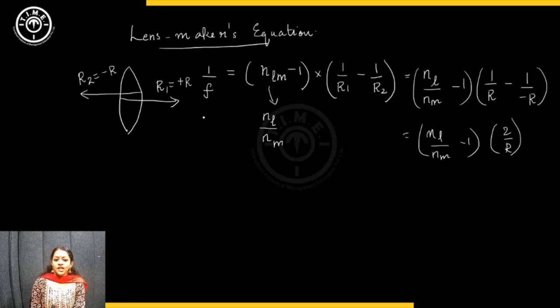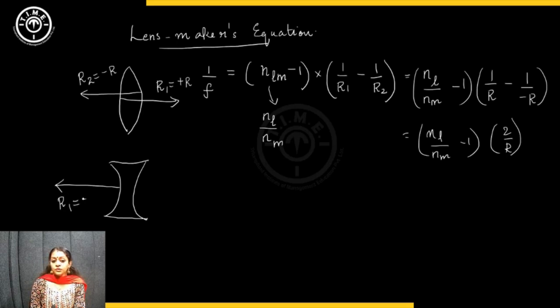Now, let us consider the case of a concave lens. Let us consider a double concave lens, and let us consider this also as an equiconcave lens. Both the spherical surfaces are having the same radius of curvature, but here the radius of curvature of the first spherical surface is measured towards the left.